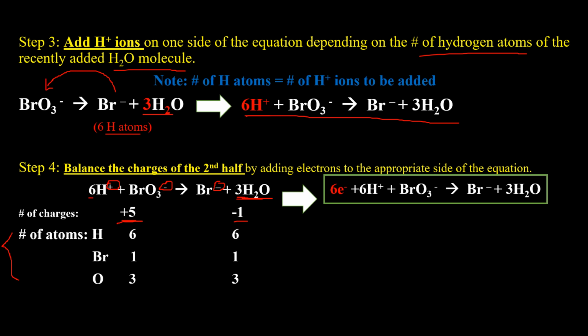So we need to add 6 electrons on the reactant side to make it negative 1. So that positive 5 plus negative 6, then that would be negative 1 to make it equal to the charge on the product side. So if the number of charges and the number of atoms are already equal, then the second half of the reaction is already correct.